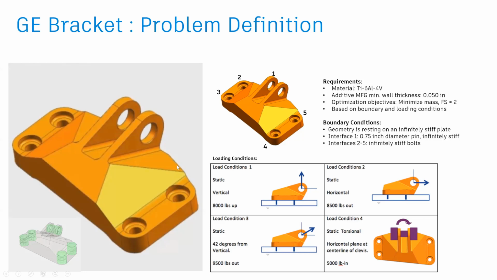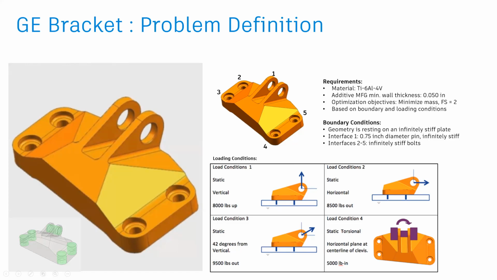So now let's understand the bracket in itself. What do we know about this bracket? Basically this bracket is part of a larger assembly. So this fits in a much bigger assembly. And this bracket is basically fixed by means of 4 bolting holes. And there is a clevis pin, which passes through these mounting holes.